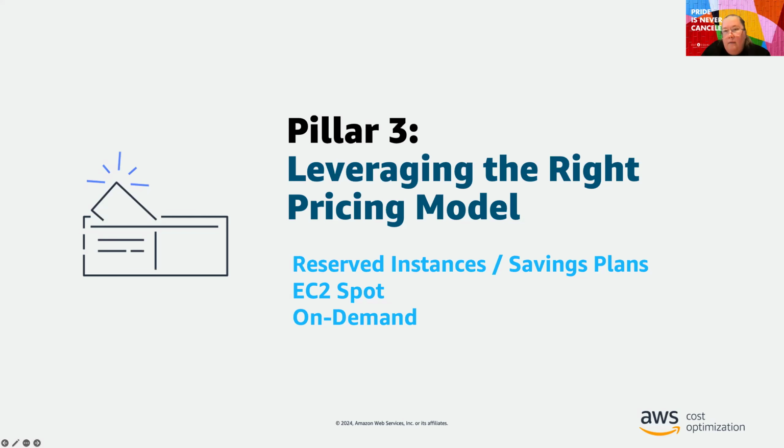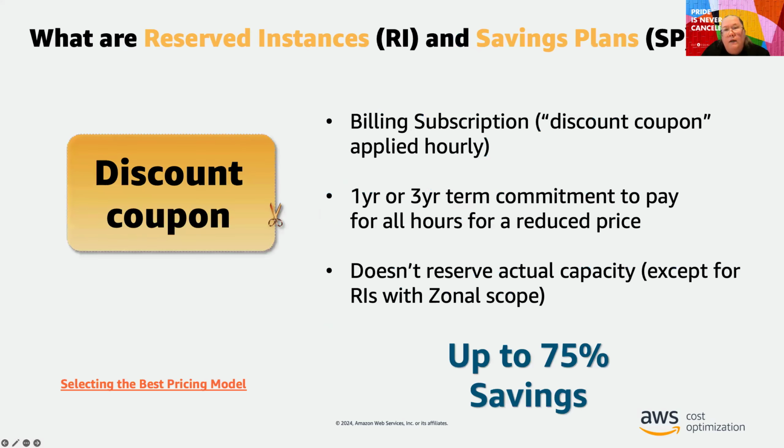So let's look at what are the different ways of doing this. So reserved instances and savings plans is one way of doing this. So what are those? Those are basically discounts applied to instances based on your long-term commitment. So we are typically talking about a company that is committing to a use.